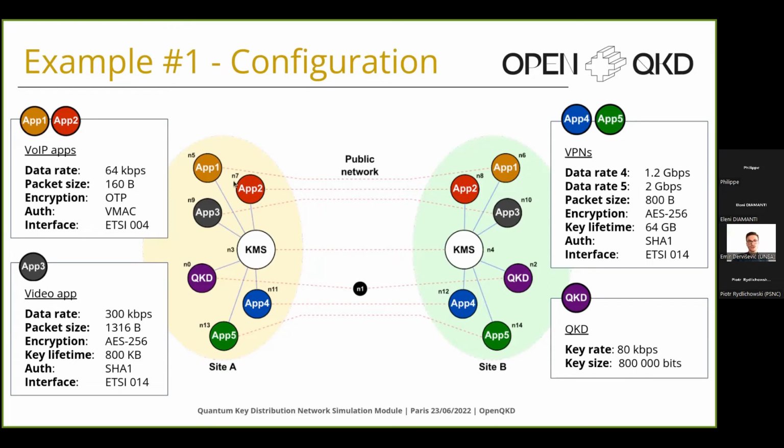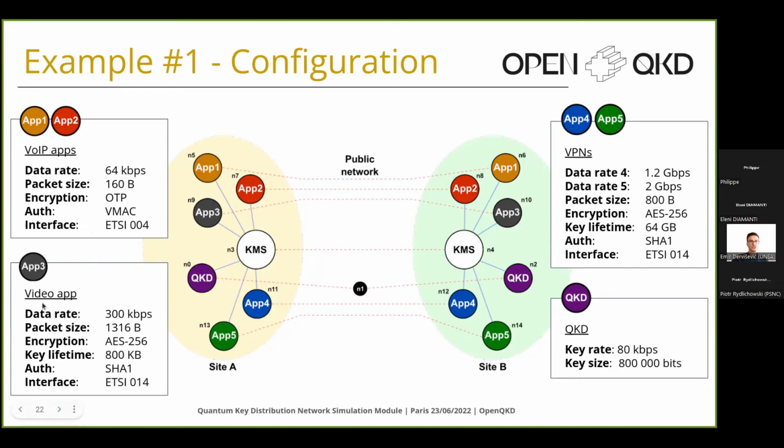We have installed 5 different cryptographic applications that consume keys in their own manner. For applications 1 and 2, we simulate the network traffic of VoIP applications. We have selected the most advanced security options, and because of the nature of these applications and the security options we selected, we chose the ETSI-004 interface for communication with the KMS system.